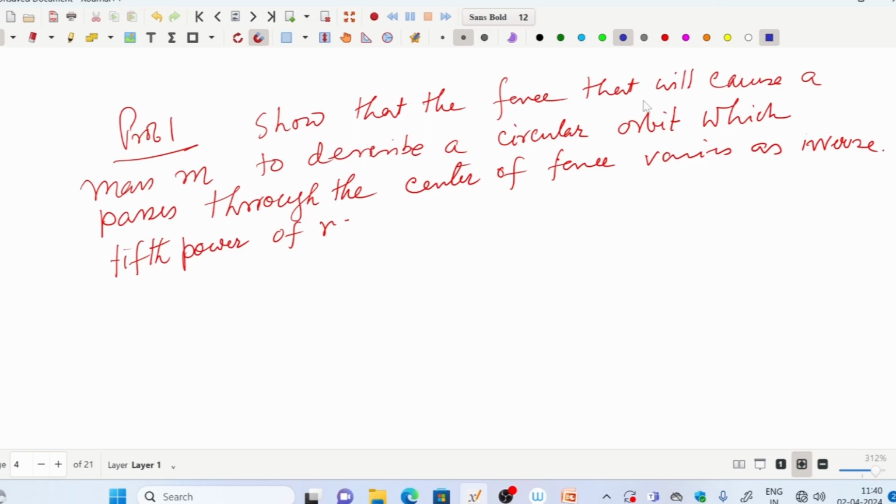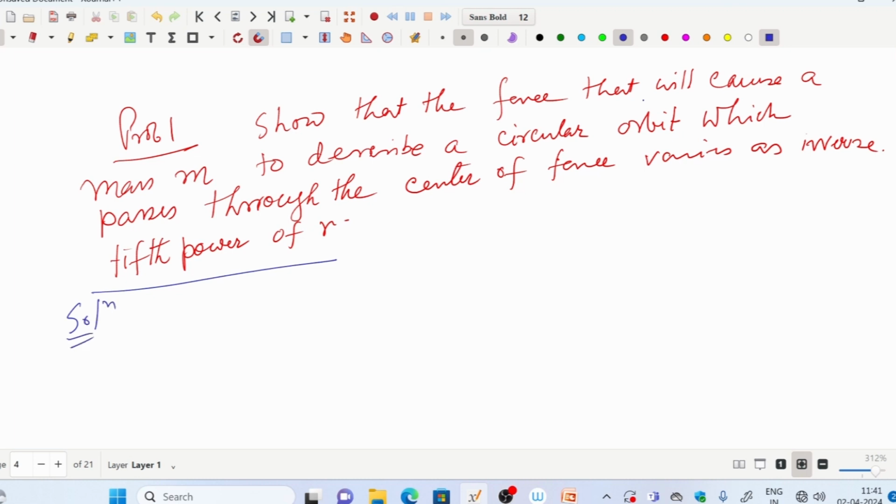The problem says that there is a central force which causes a mass to move in a circular orbit, and the circumference of that circle passes through the center of force. So, first we have to find the equation of the circle. Solution.